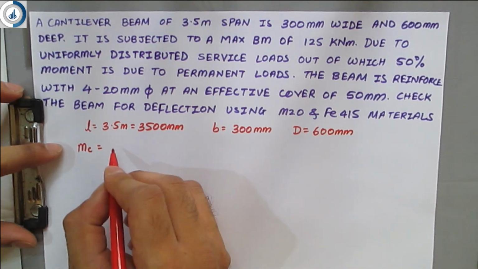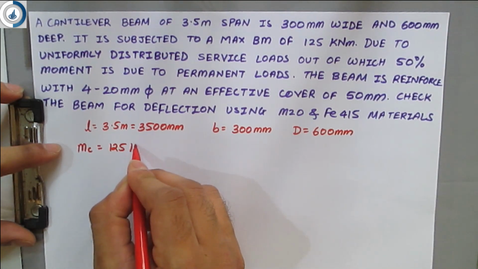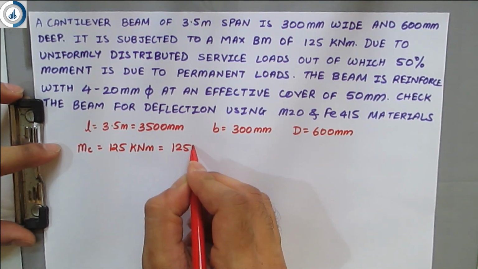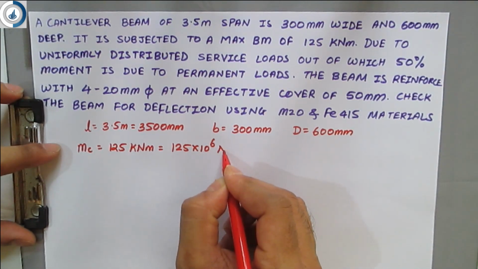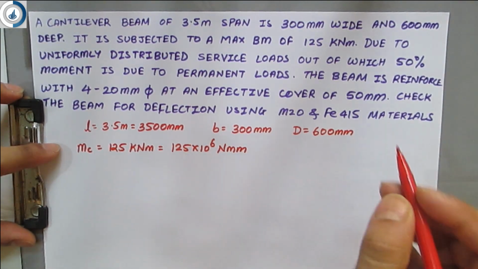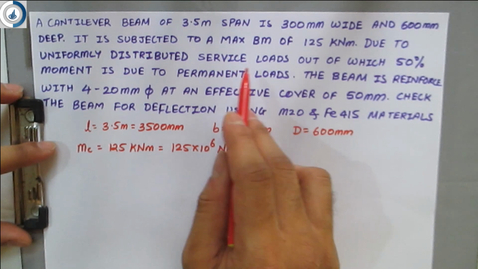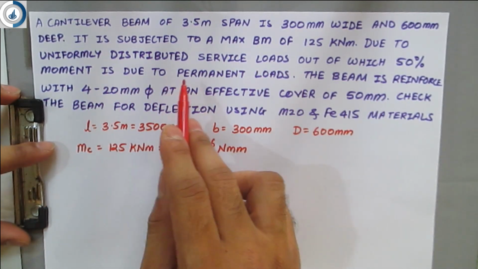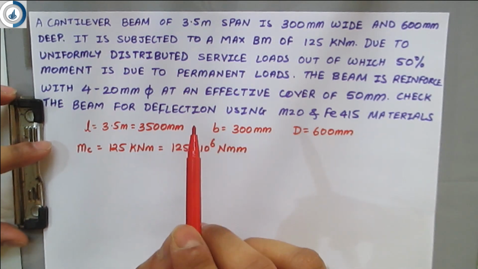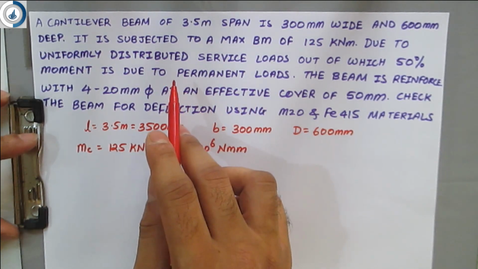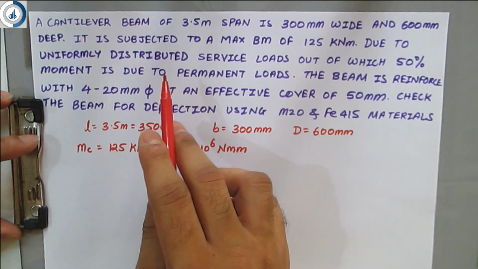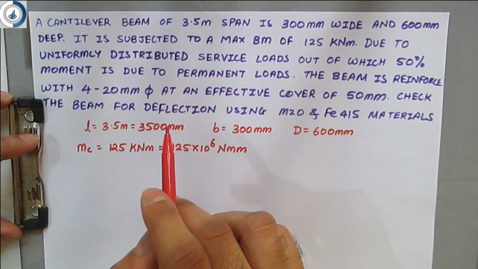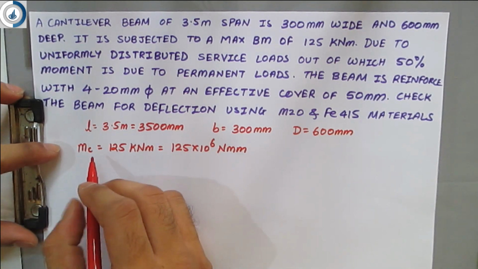So Mc given is 125 kilonewton meter, which we can write as 125 into 10 raised to 6 Newton millimeters, due to uniformly distributed service loads, out of which 50% moment is due to permanent loads. What this means is that you are going to use it when you are finding out the long-term deflection using permanent loads. So we'll mention this as Mc dash.